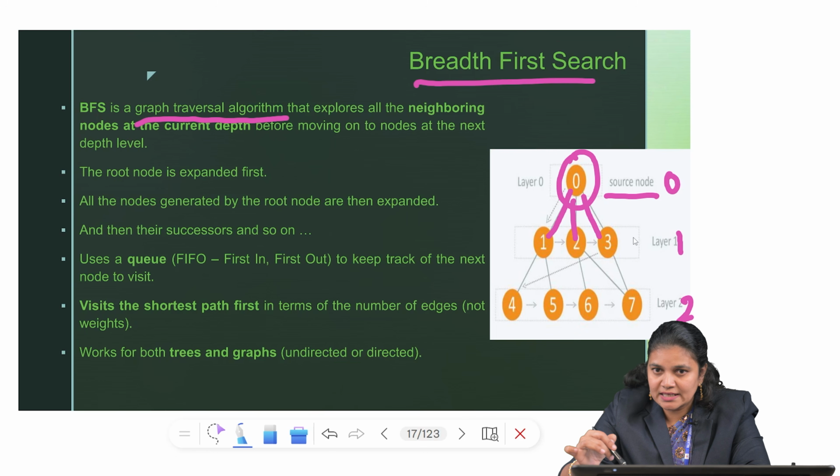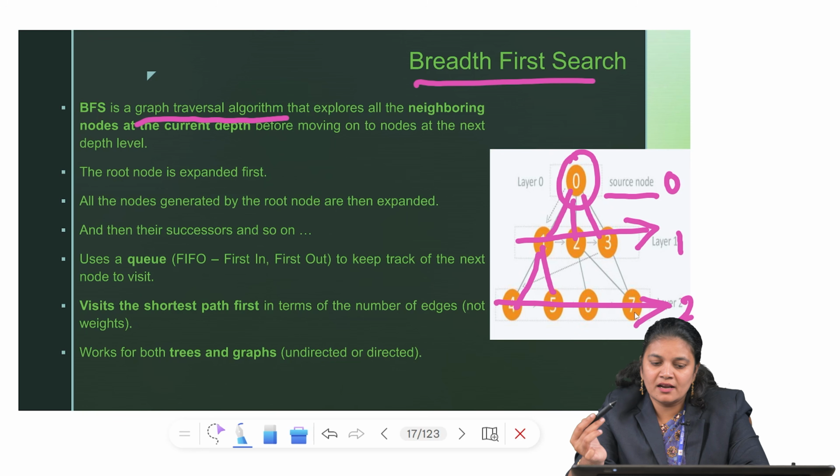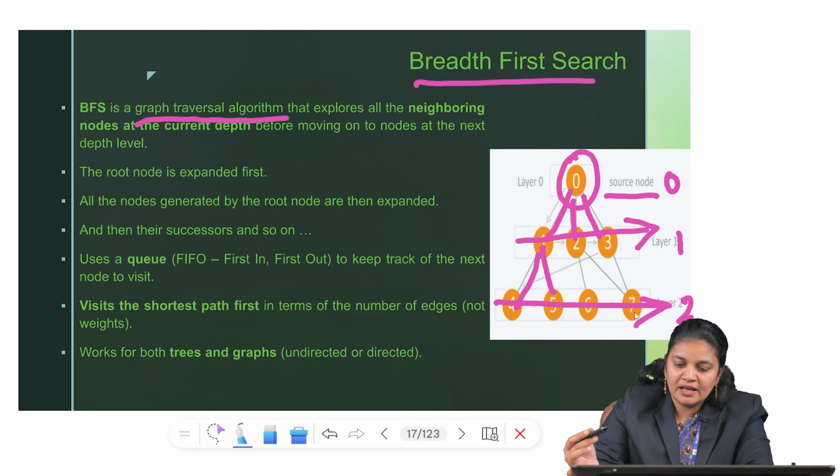When we go to the next layer, the first child of the parent node will be explored again. So it goes in this way. Always it will complete the first layer, then it will go for the second layer. If it goes in this way, then we call it breadth first search.